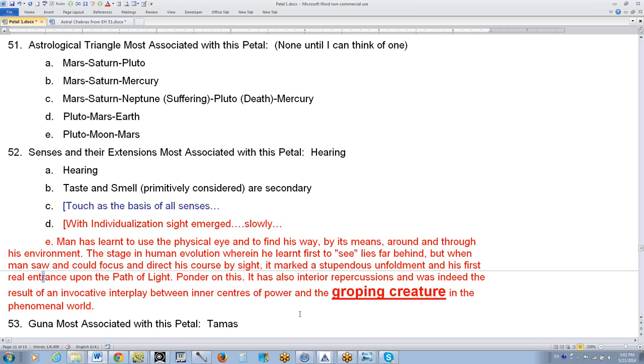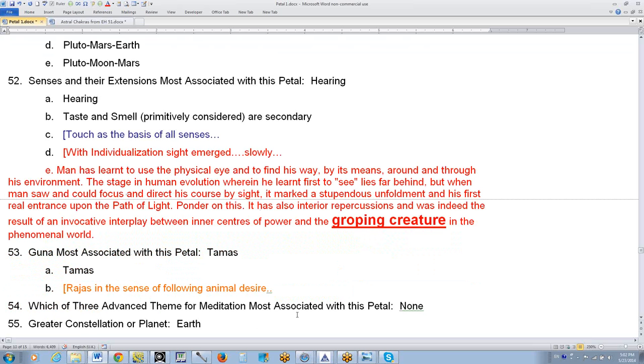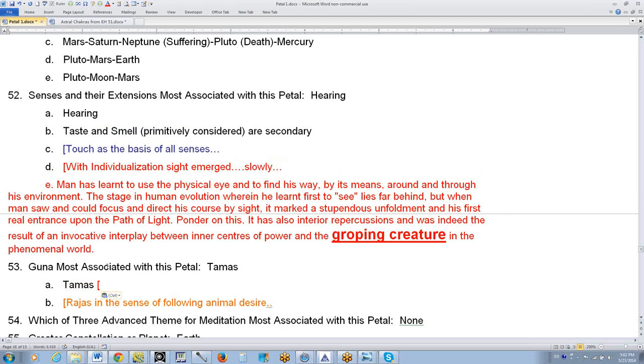What is the guna, or mode of motion, most associated with this petal? Well, definitely tamas. There is inertia, and the inertia is coming from the moon, veiling Vulcan. There is rajas in the sense of following the animal desires, but the consciousness is quite tamasic.